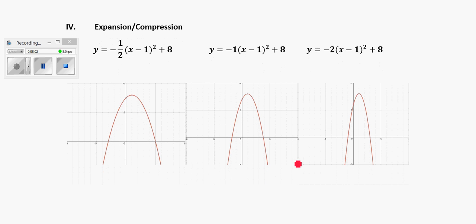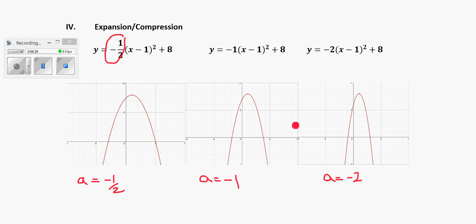Okay, so another characteristic we're going to look at is expanding or compressing the graphs. And again, the only thing that's different in these equations is the value of a. In the first case, a equals negative 1/2. In the second case, a equals negative 1. And on the third graph, a equals negative 2.